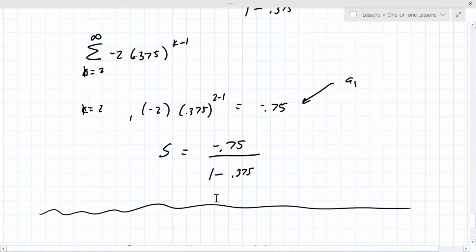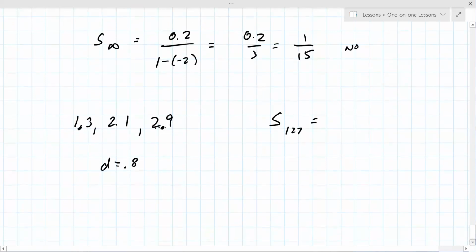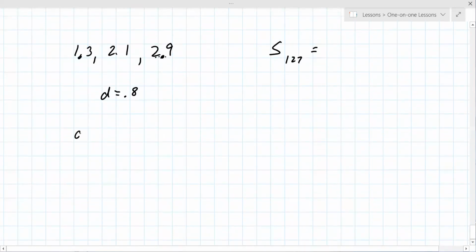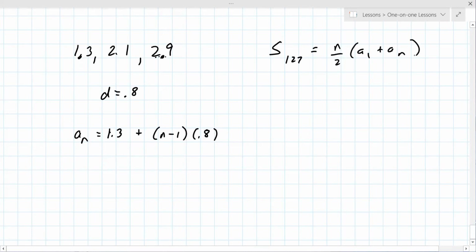So can you get that here? Yes. You have an equals 1.3 plus n minus 1 times 0.8. Can you find the 127th term? Yes. Then you need to use the formula to do this. And then we'll do another one that's a little bit more difficult.